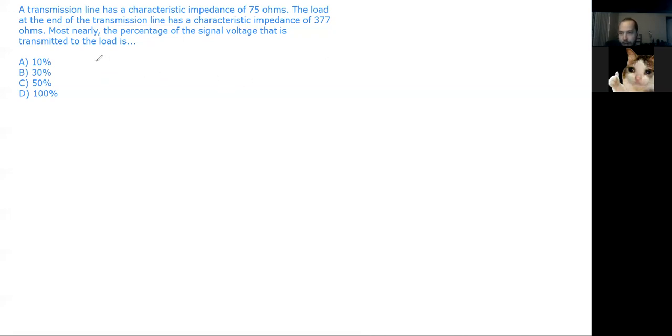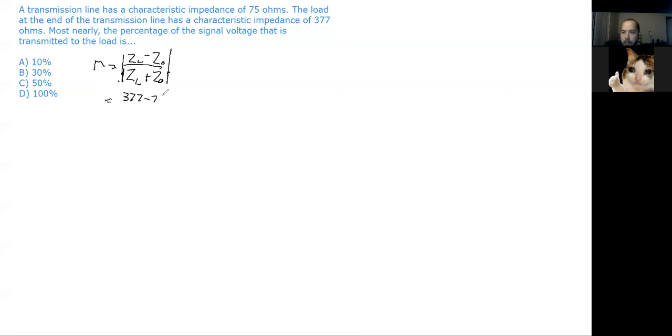So if you remember the gamma equation for our reflection constant, it's ZL minus Z naught over ZL plus Z naught. So let's see, load is 377.